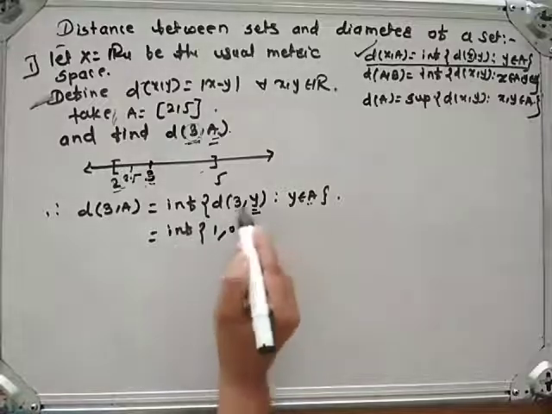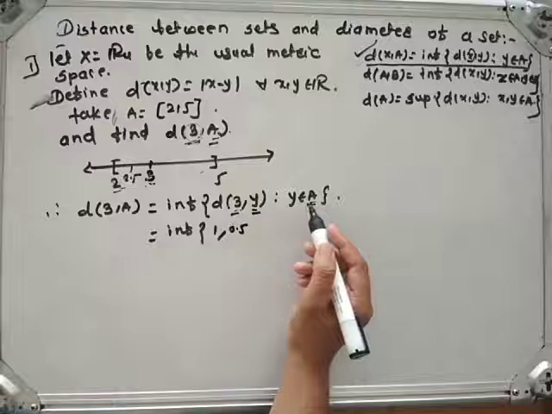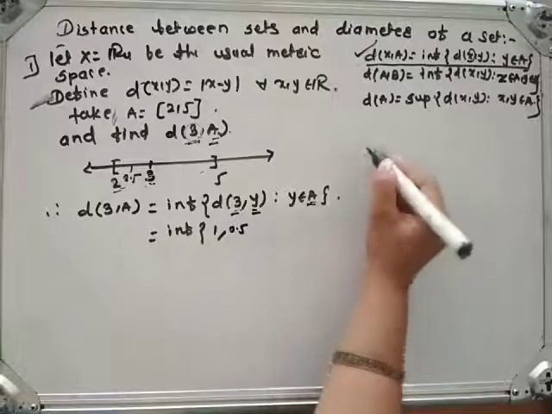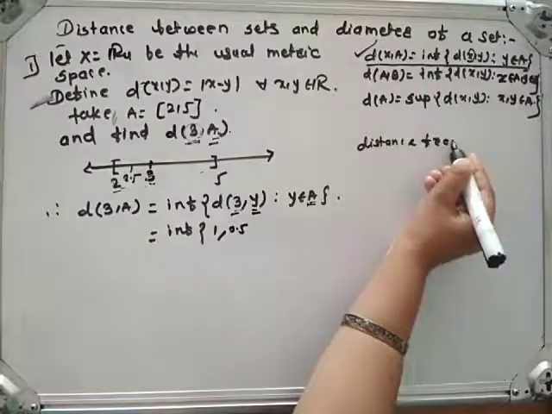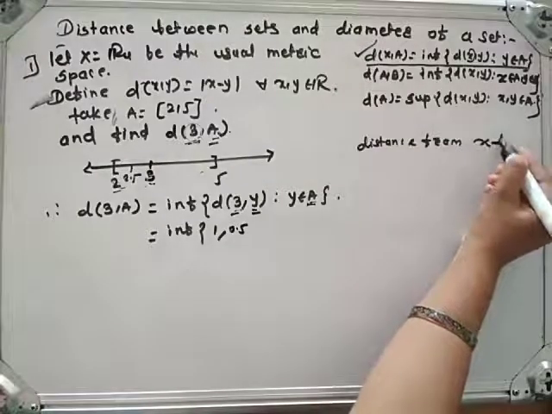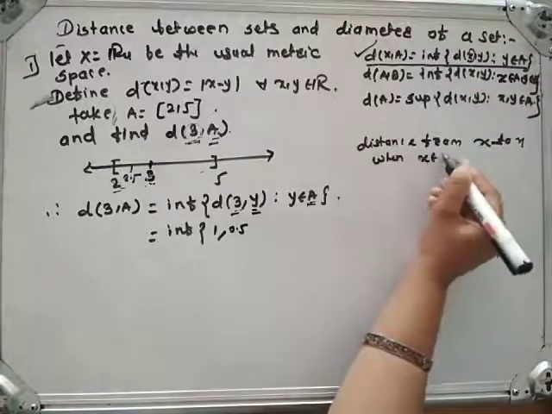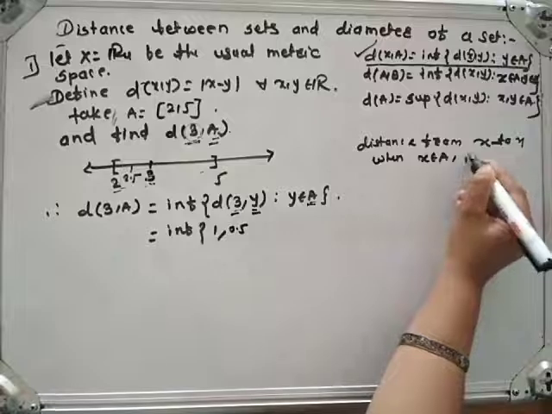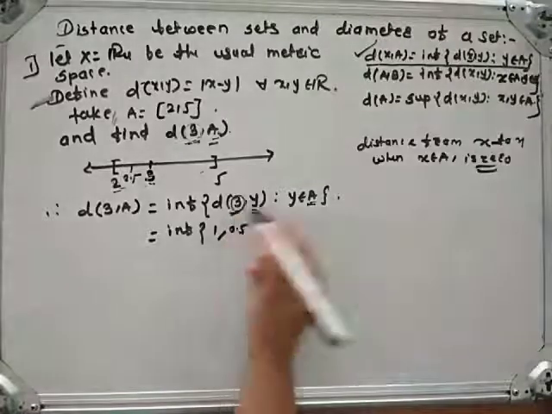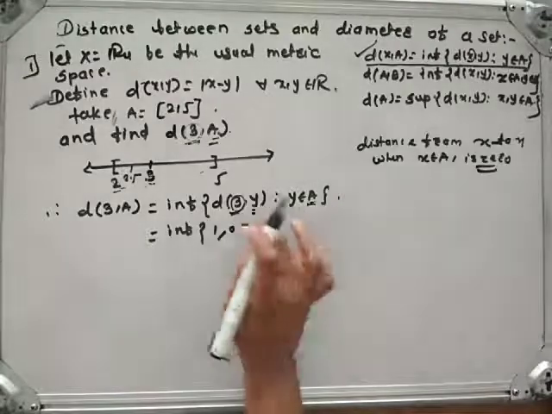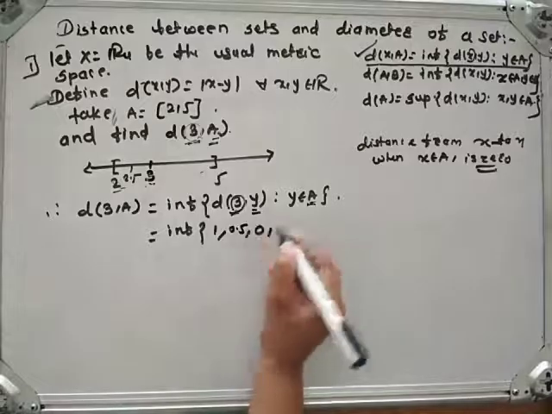Students, here observe that 3 belongs to A, and note that the distance from x to x, when x belongs to A, is always 0. Since 3 belongs to A, the distance from 3 to 3 is 0.